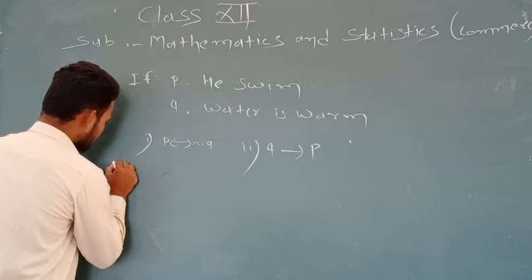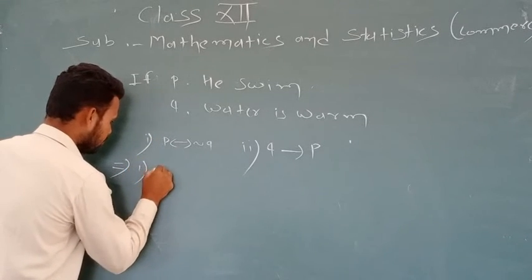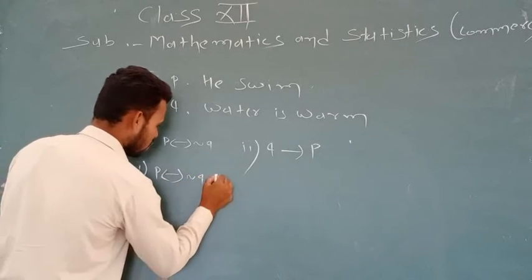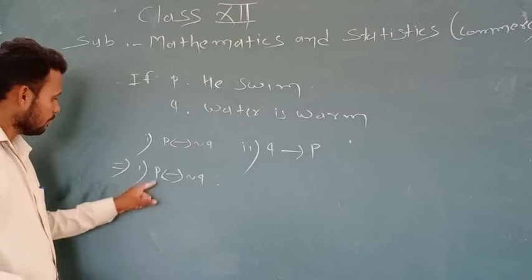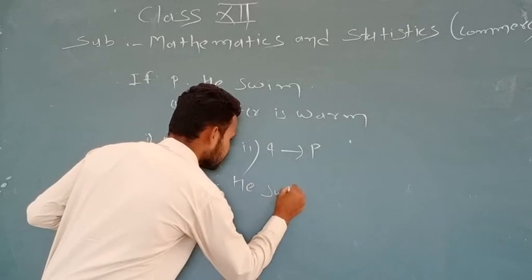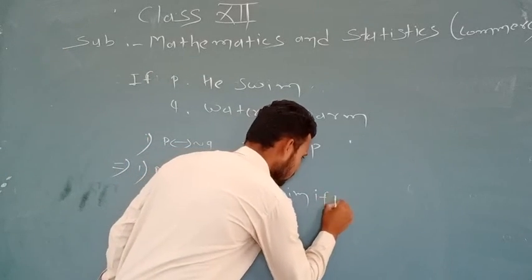In the solution, first we have P if and only if negation of Q. The statement will be directly: P if and only if negation of Q. P statement is he swims.